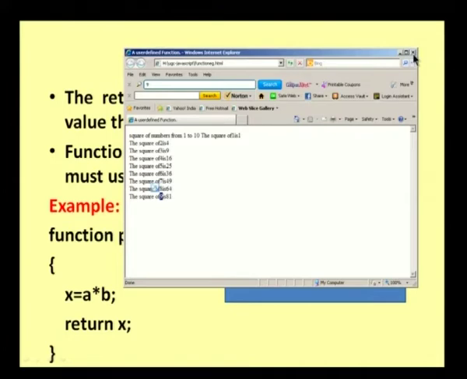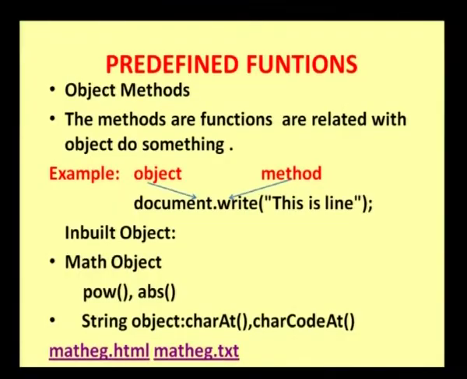So this is an example for a function. We were discussing functions, which have two parts, function definition and function call. These two will be in user defined functions. So the user defined function constitutes function definition and function call. The next type of function is predefined functions.